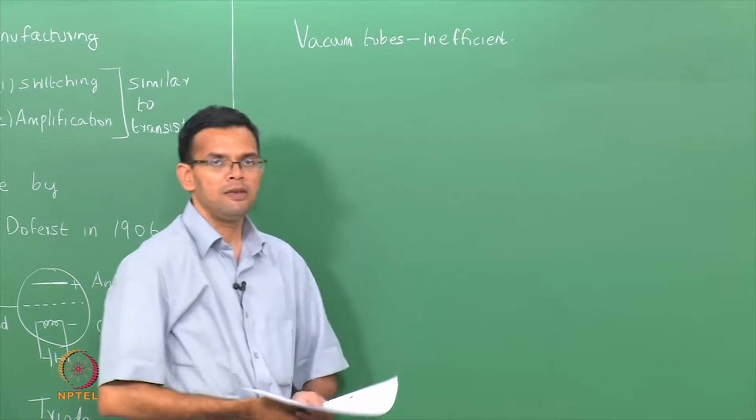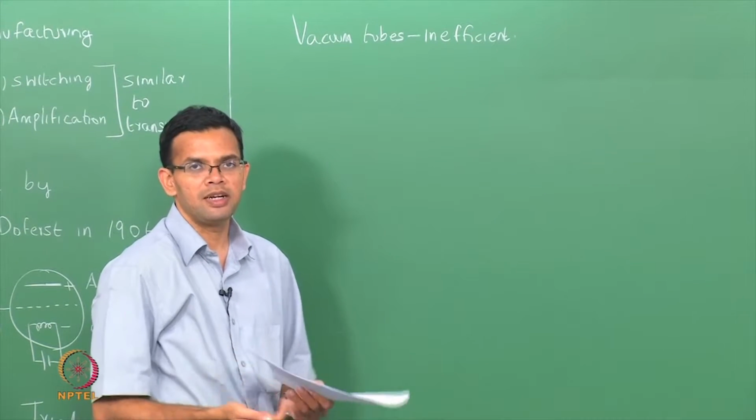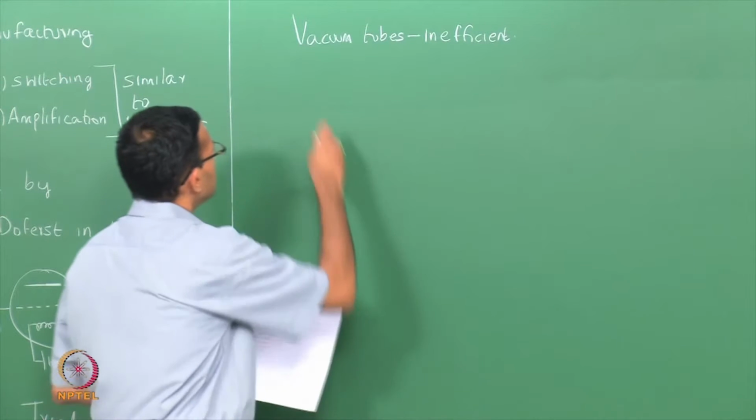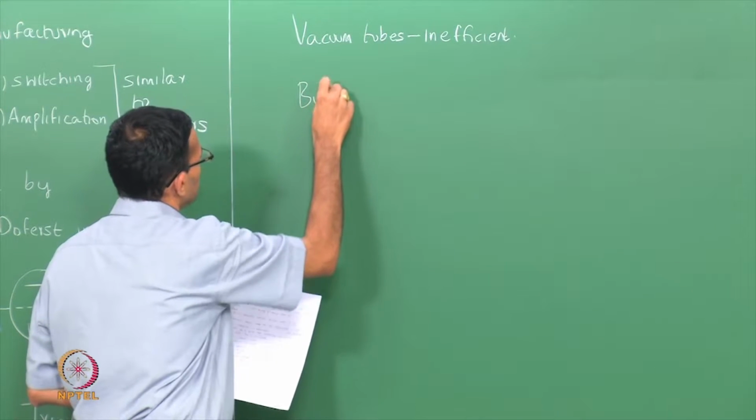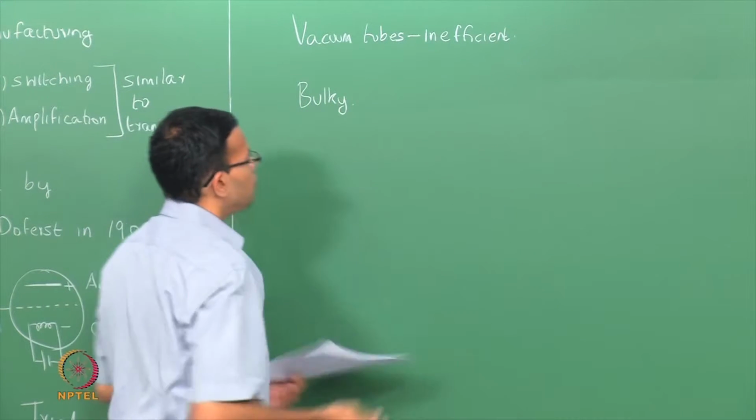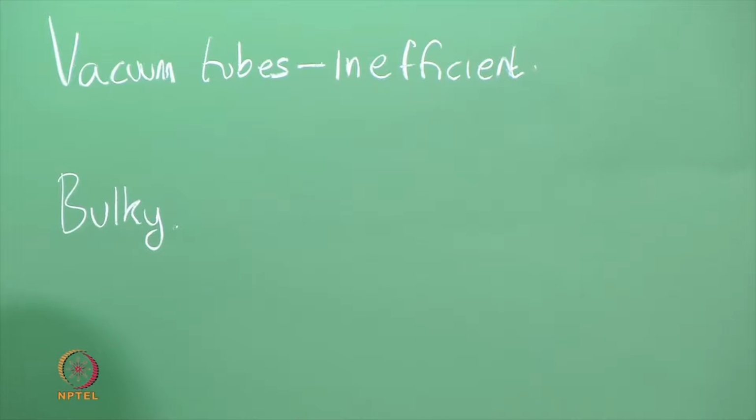They are bulky because they all have evacuated glass tubes. Also, it is very hard to maintain the vacuum in these tubes. So, they are highly inefficient.